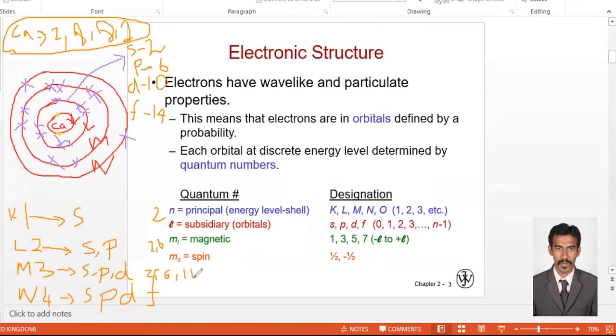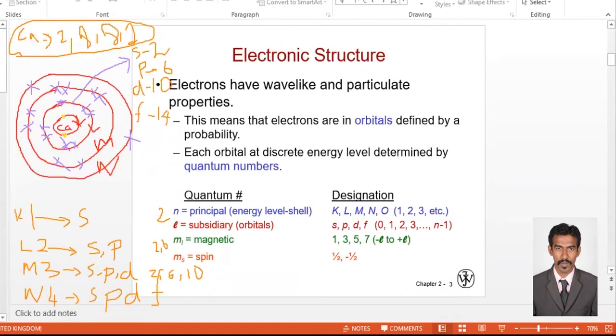So altogether we will have 10 plus 6 plus 2, 18 electrons. This is the way these atomic numbers are arranged. Usually this SPDF is the maximum number of electrons which can sit in that orbit.